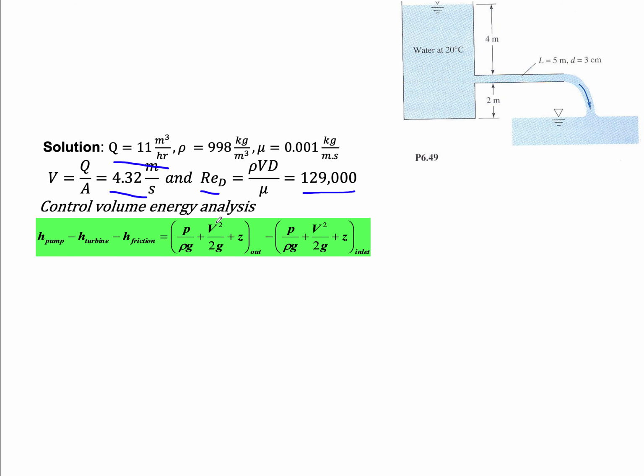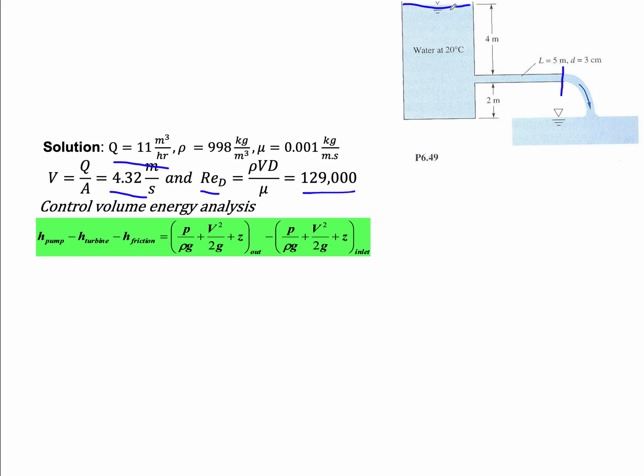So let's do control volume analysis, and for our energetic analysis, we want to be smart in picking our inlet and outlet. It's a single inlet, single outlet system. So I would pick this as my inlet, I would pick this as my outlet.